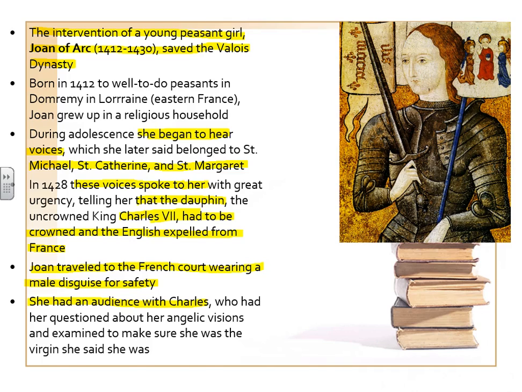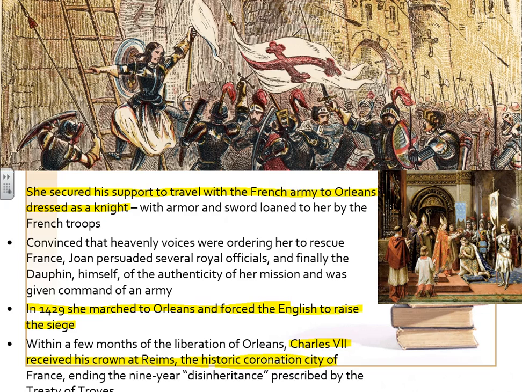So she is given command of an army, and Charles offers her a sword, but she wants another sword. St. Catherine, who is one of the voices that she has heard, has told her that there is a sword buried at the church that honors her.